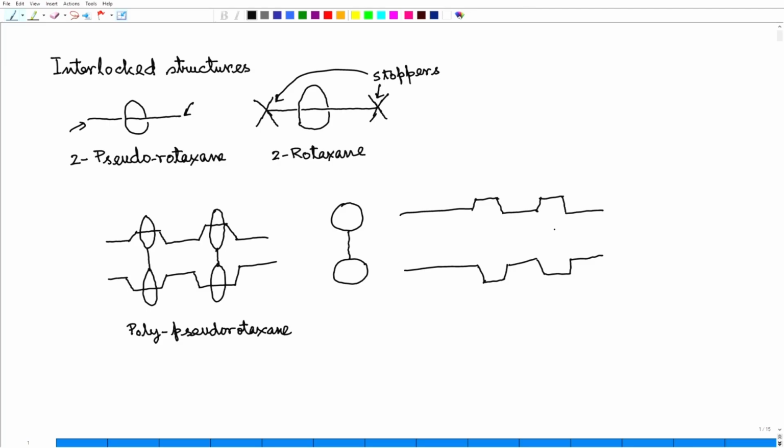All right. Then this is another interlocked structure.